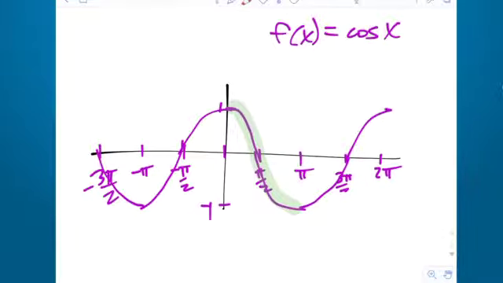And notice it snakes left and right across the y-axis. But if you just look at the red piece through there, it shows it pretty well. You get the graph of arc cosine, the function. So let's see what that looks like. We'll give it its own graph. It looks like this.